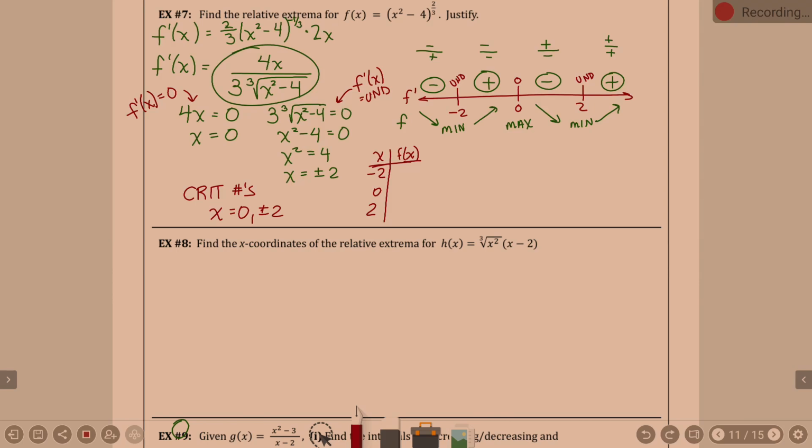Well, -2 and 2 are easy, I just realized. Right here, -2 squared is 4. 4 minus 4 is 0. When you plug in 2, you're going to get the same thing, 4 minus 4. And then when you put in 0, 0 squared minus 4 is -4. -4 to the 2/3.